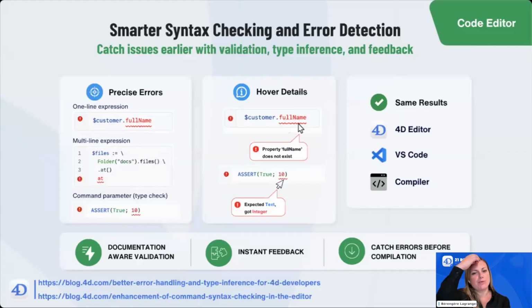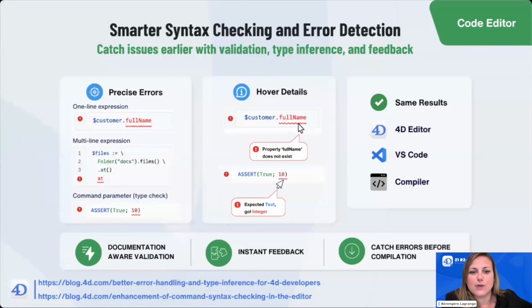Now, the next improvements focus on something every developer deals with every day, which is finding mistakes before they become errors. With 4D 21 R2 and R3, syntax checking is now much smarter and more consistent across the entire development experience.